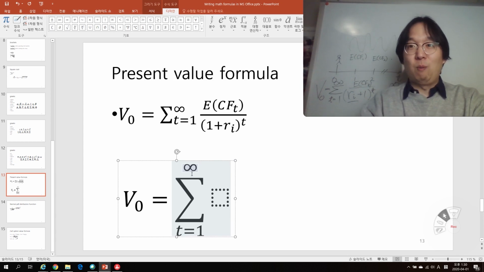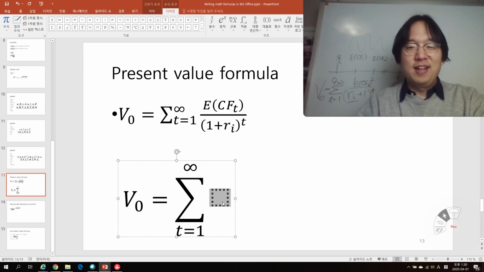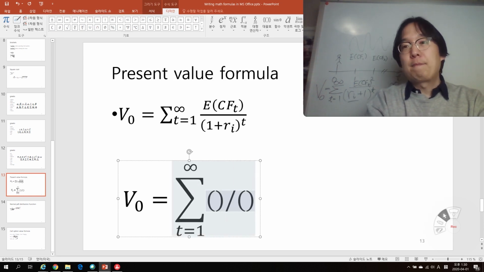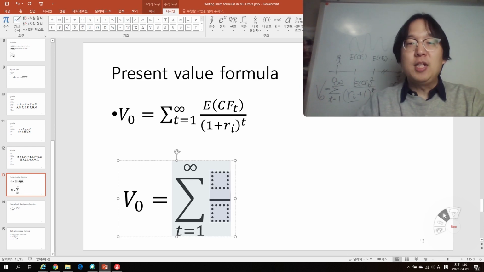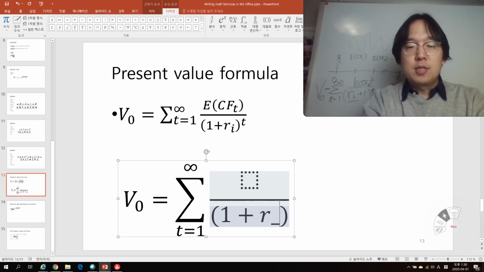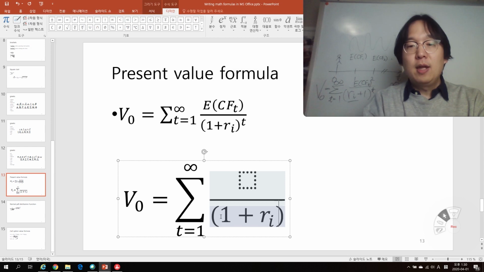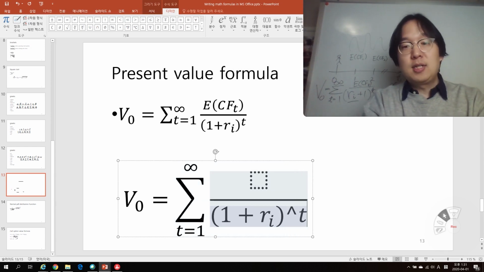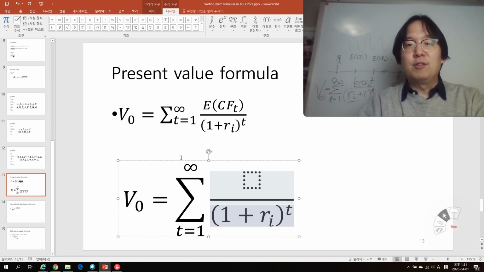Cool. Wow. Interesting. And then here you punch in, this is going to be a fraction. Each period in time point t, what do you have? The discount rate, which is going to be 1 plus r sub i, and then you want to raise this to the power of t.